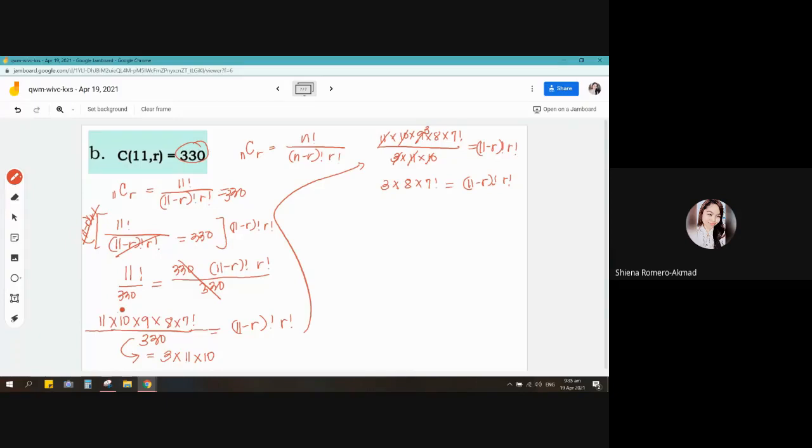So, as you look at the given solution, anong mapapansin niyo dun sa 3?